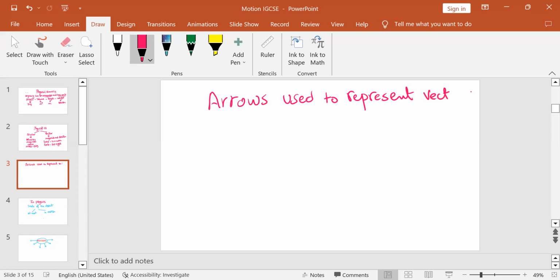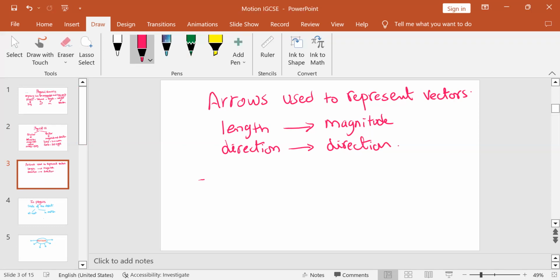The length of the arrow represents the magnitude, and the direction of the arrow represents the direction of the vector.